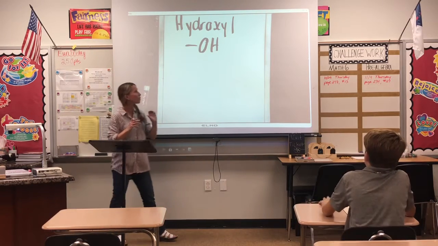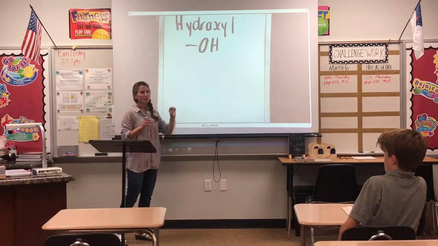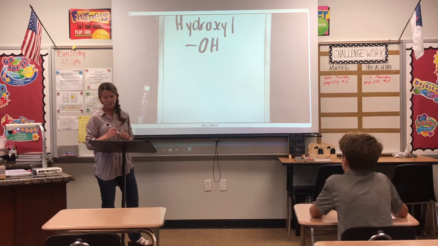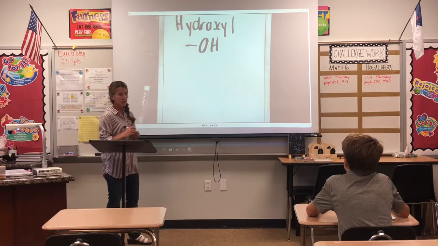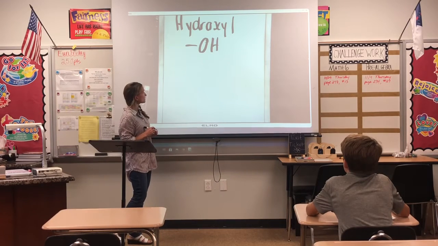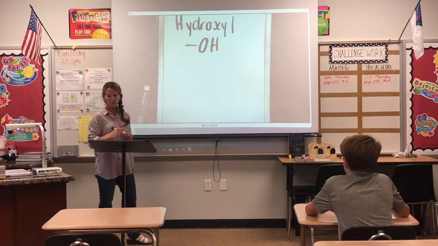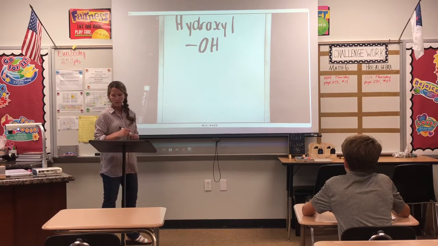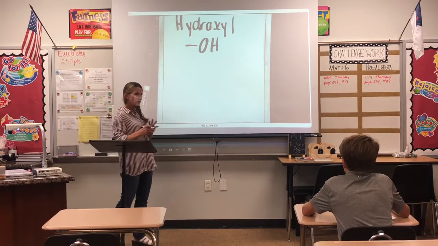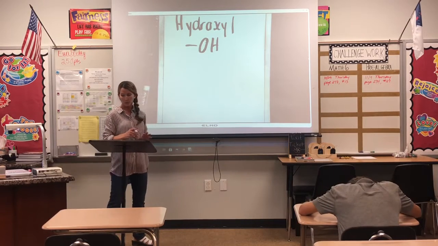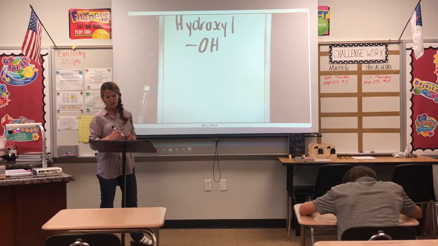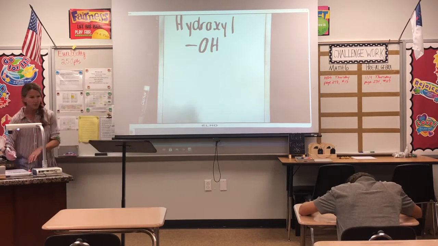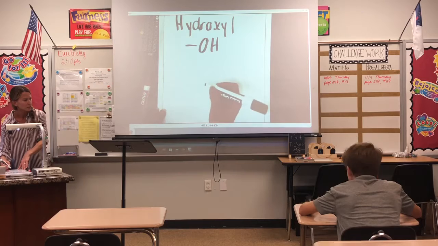It has the same polarity as water. So that makes hydroxyl groups water soluble. Plasma is a different molecular structure, but I believe it is also water soluble. So anything that can dissolve in water is water soluble. Okay?